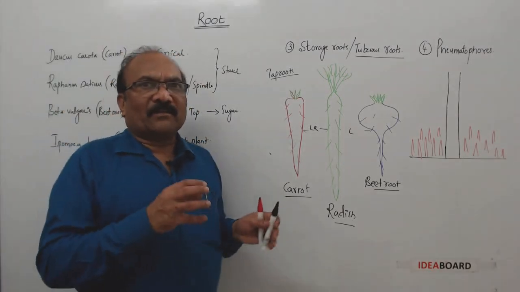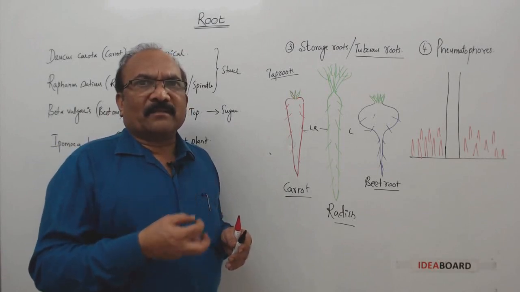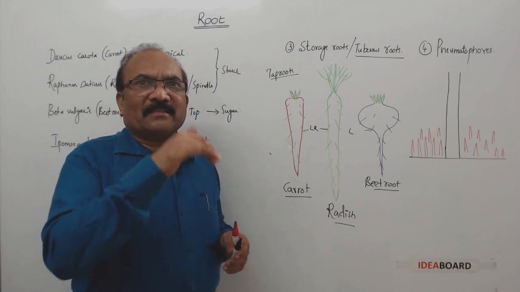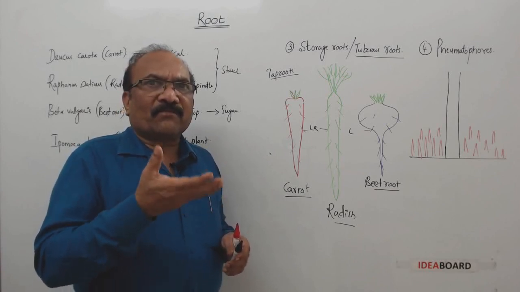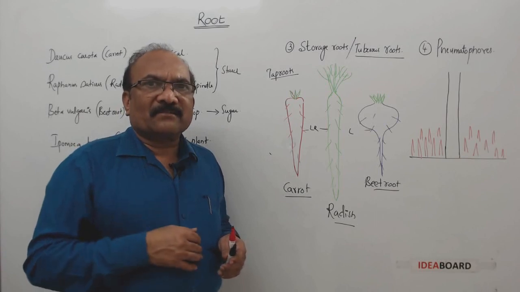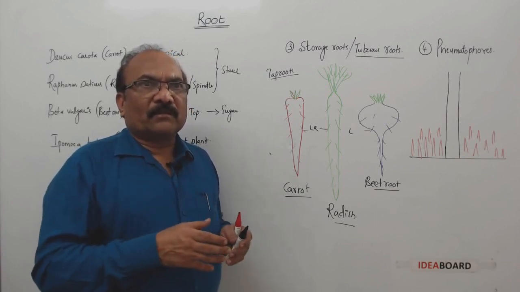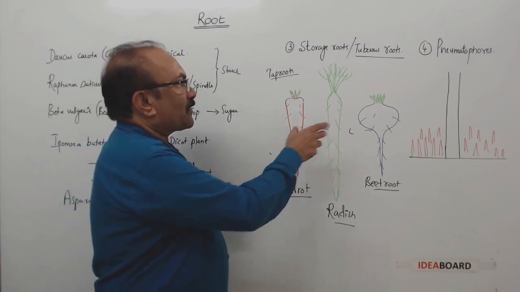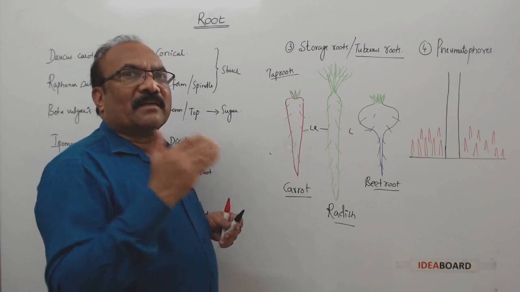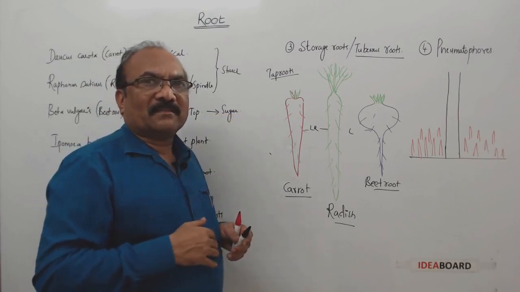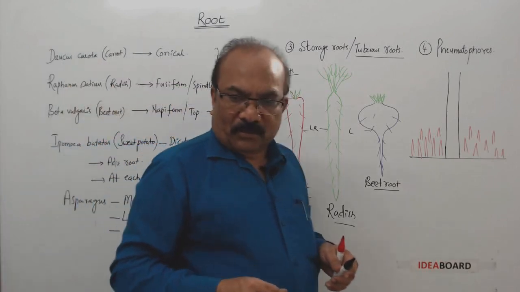Because these plants prepare food material and store it in the roots, and in the second season they utilize this food material for production of flowers, fruits, and seeds. And if you allow them to use this food, you won't get roots of this size. That's why they are harvested at the end of the first season. That is about the storage roots or tuberous roots.